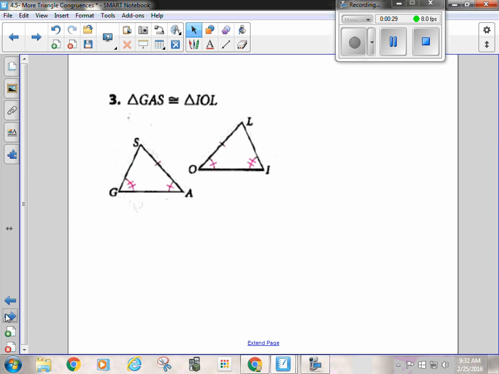So in our book, sometimes our book gives us problems where they give us a congruence statement. So that means G and I need to match, A and O need to match, and S and L need to match. So if we take a look there, and I rewrote those letters next to it, I and G, do they have the same congruence markings?